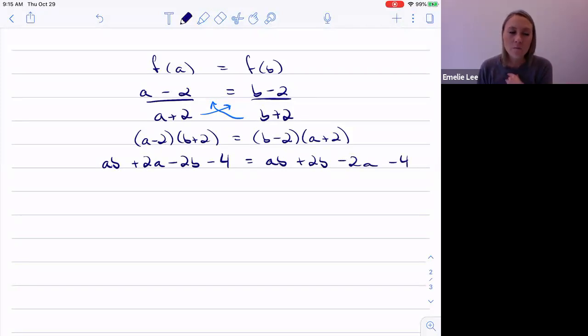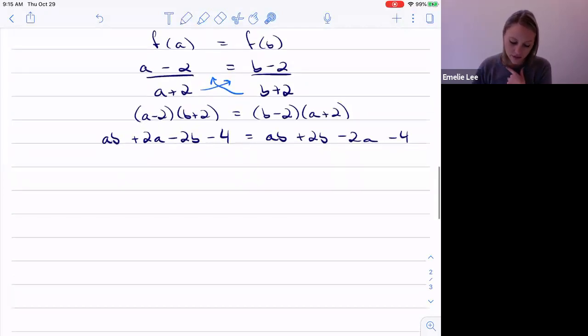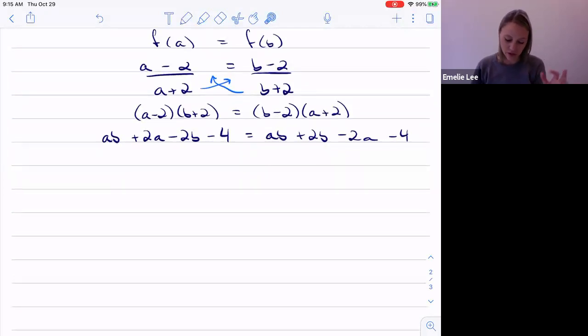What I do is, and there are a lot of different things, right? You could try to put all your b's to one side, a's to one side, right? You've got b over here, b here, b here, b here. You could do that. I like to just shift everything over to the left-hand side and set this equal to 0.